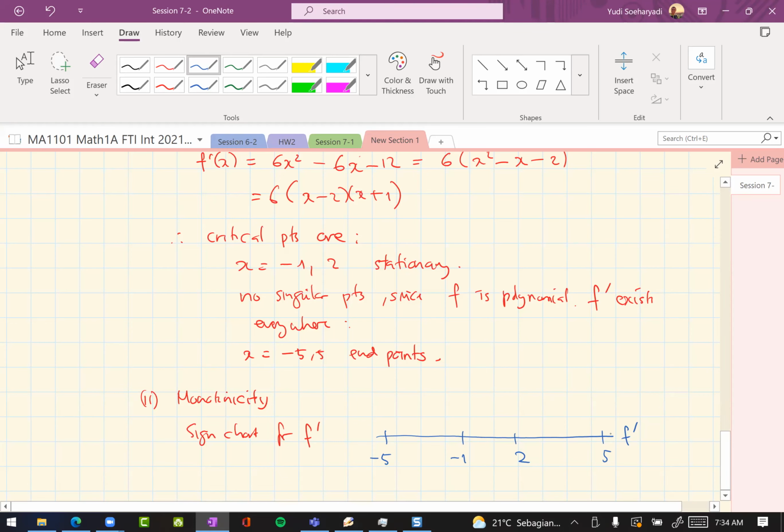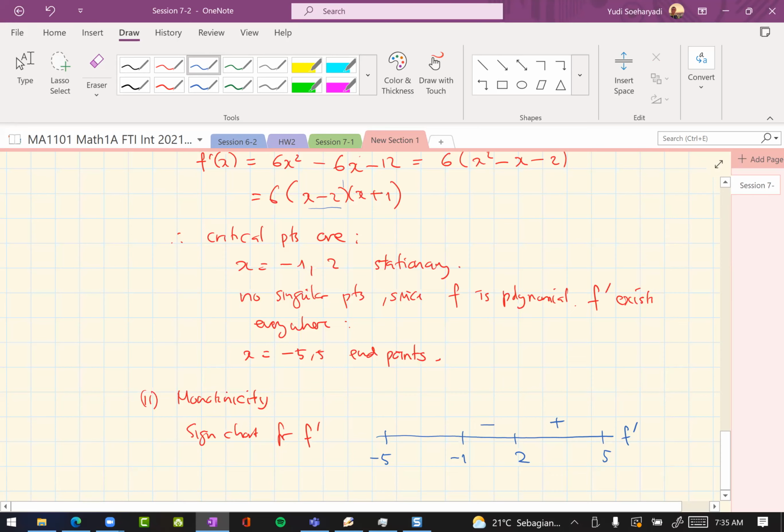You can check the sign by plugging numbers into f prime. For example, here you plug in 3. That gives you 3 minus 2 positive, 3 plus 1 positive, so you have plus here. And of course, we can use this since it is factored. Across 2, the factor has power 1, so it changes the sign.